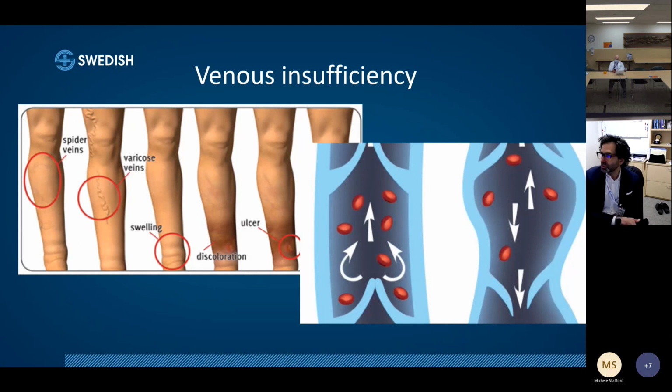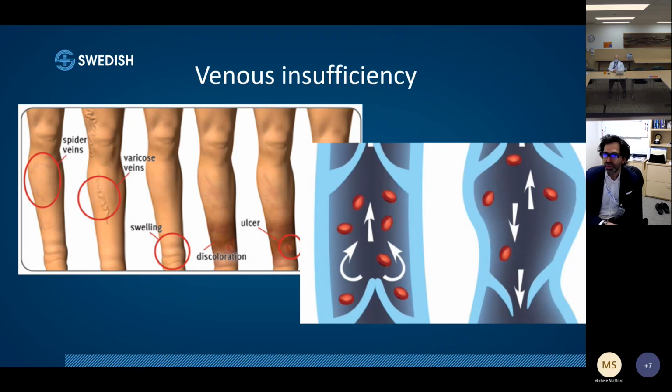The major drivers of venous insufficiency or reflux include family history, a history of venous thrombosis, which produces scarring of the valves and inability to close, pregnancy, and to some extent obesity or any other process which increases intra-abdominal pressure and therefore increases the amount of pressure required for the blood to travel out of the legs.